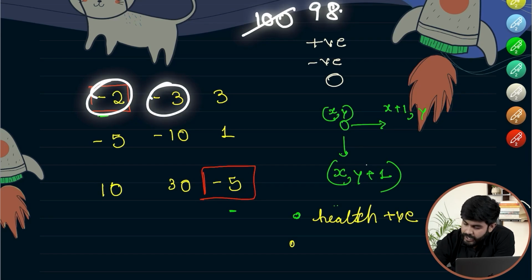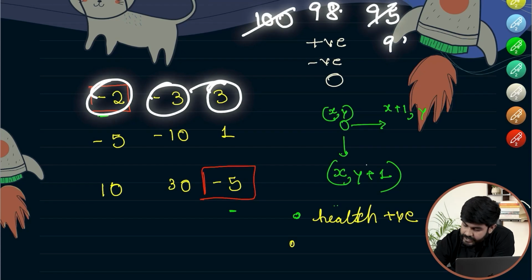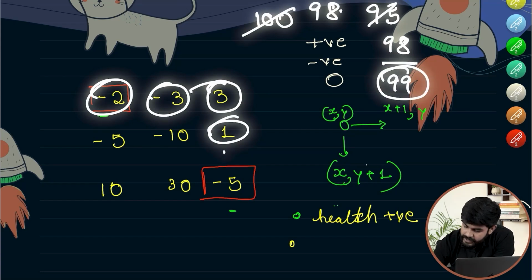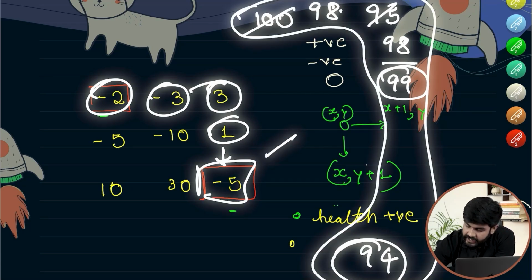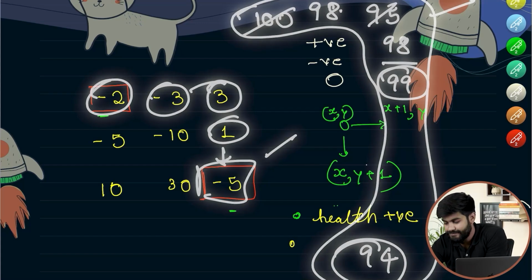I came here, I lost some health, that is 95. I came here and I added some health, that is 98. And then I came here, I gained health, that is 99. I came here and I had a health of 94 in the end, and at no point, if you observe, did I have a negative or 0 health.